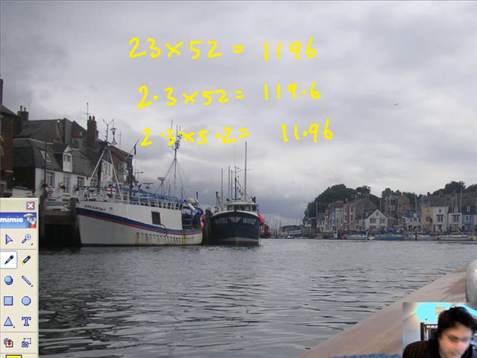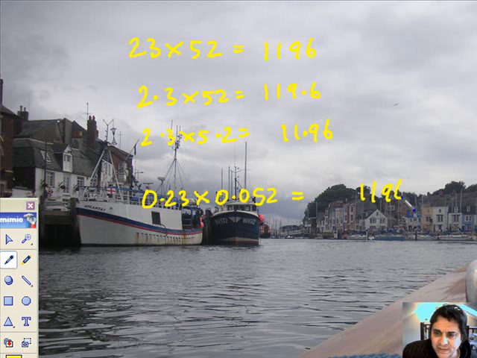Let's just do one more. 0.23 multiplied by 0.052. Again, I'm not going to do all these, I'm just giving you some hints. I know I'm going to have 1196 in the answer because it says so. Now what do we got? 0.23, well that's 100 times less than that, and 0.052, and that is 1,000 times less.